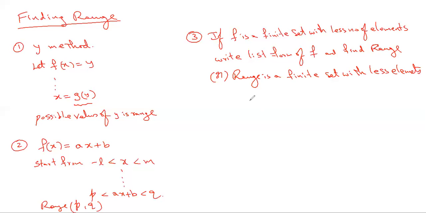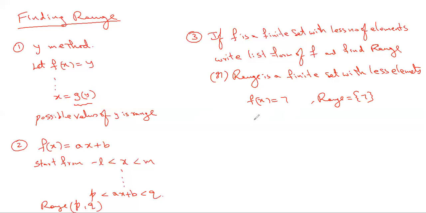For example, suppose f of x is equal to 7. It's a constant function. So directly the range is the singleton set {7}. For this, we don't need any method, because any input you give, the output is 7.